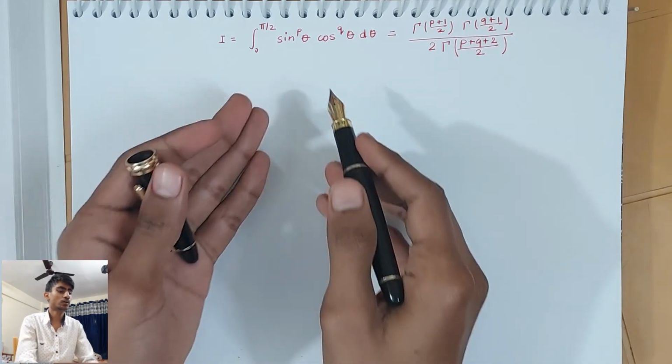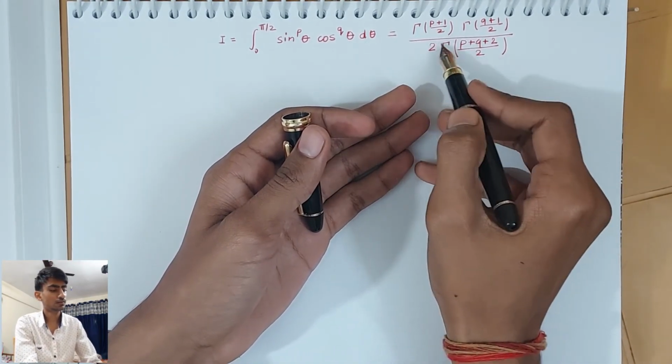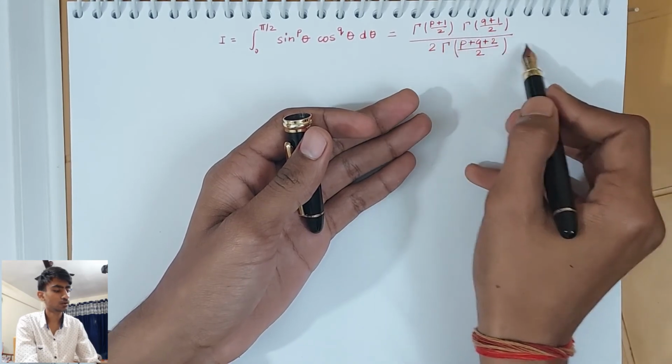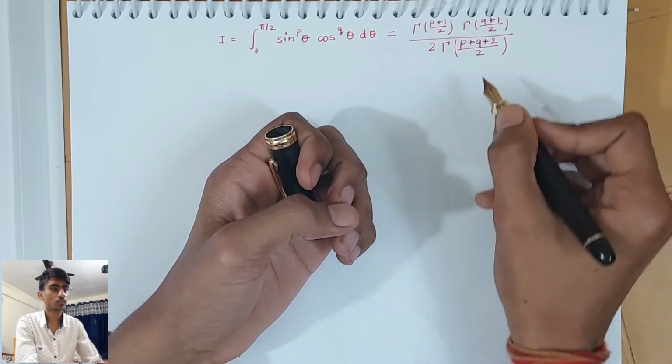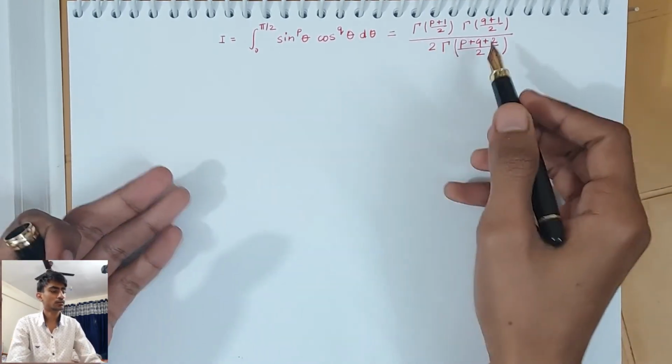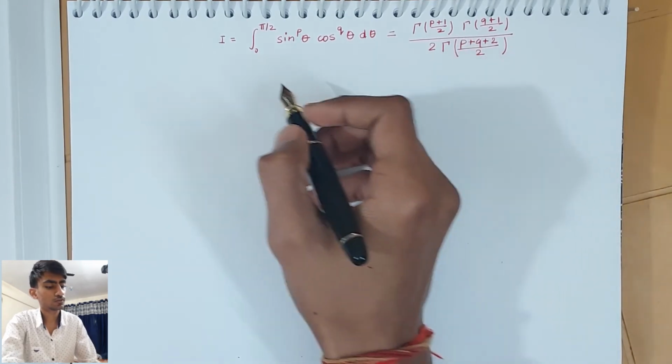This is what we will obtain at the end, and you can see it is beta of p plus 1 by 2 and q plus 1 by 2 divided by 2. I wanted to show you what it will result in first, so we can begin.